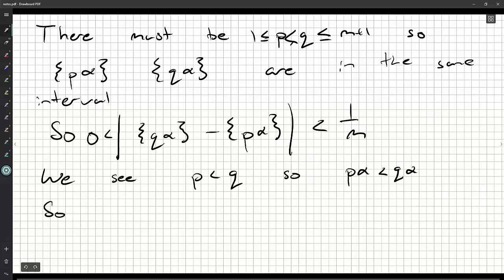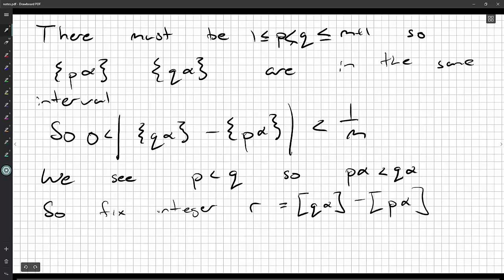So fix an integer, what haven't I used yet, R. And that'll be Q alpha's floor function minus P alpha's floor function. So I think we can add to this.